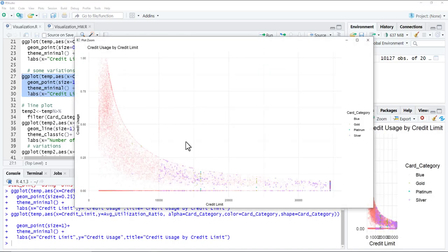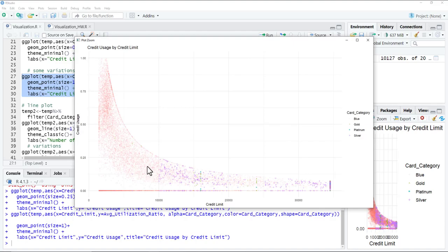And notice we did all of these options. So these card categories, this is the legend over here. It's lighter, so this is the alpha part of the code. More transparent on the blue one, least transparent on the silver one. It changes the shape for each of the types of the card category and the color as well.